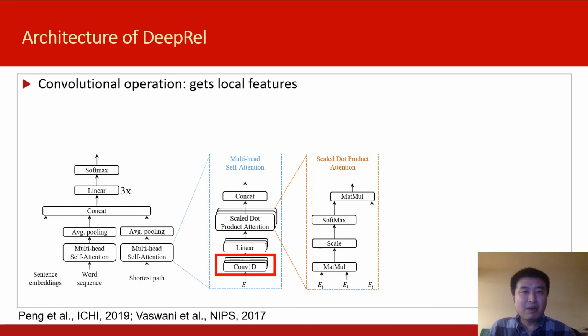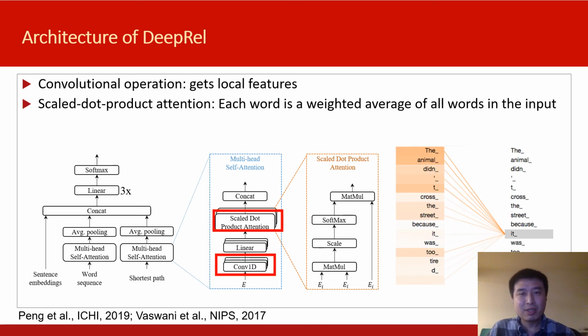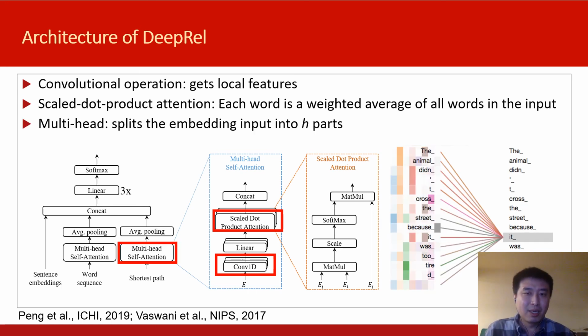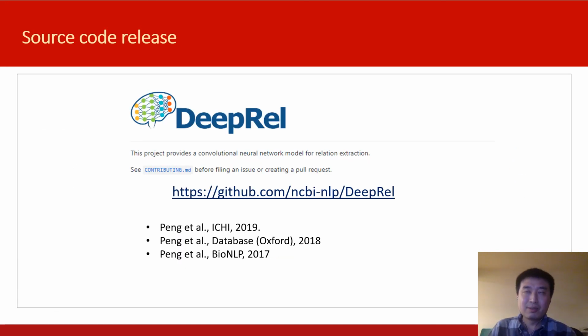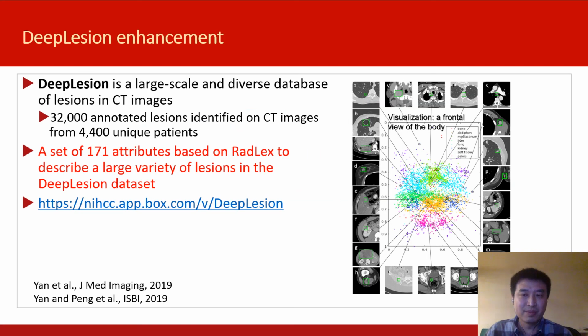Because of the time, I will not talk about the details of the architecture of the model we developed. But I want to emphasize it's a transformer-based model, and we make the code and the model publicly available so that others can reproduce the results and also use the model on their in-house datasets.